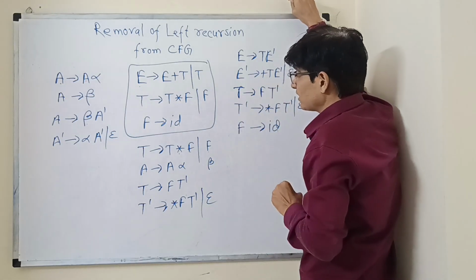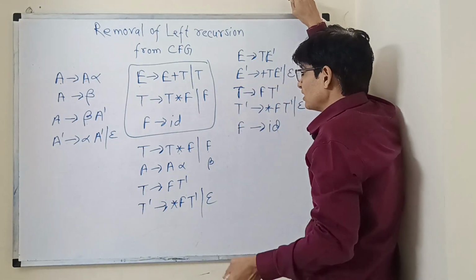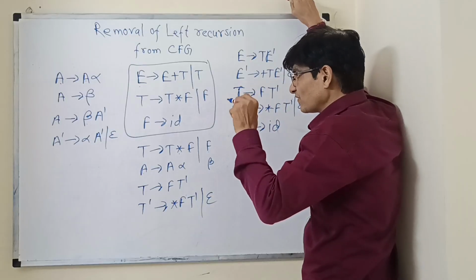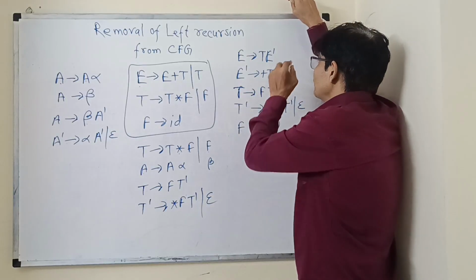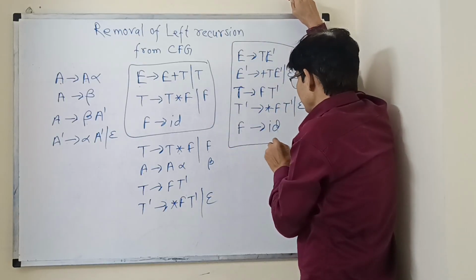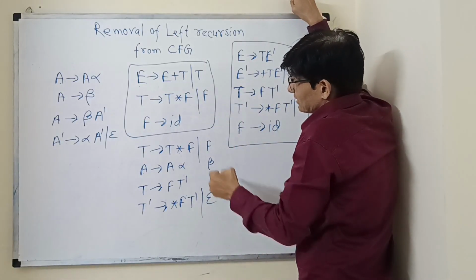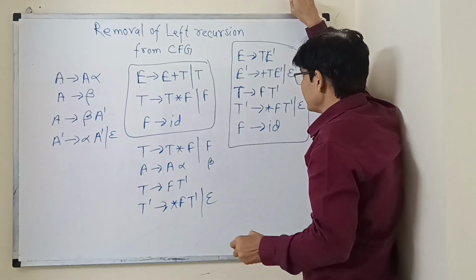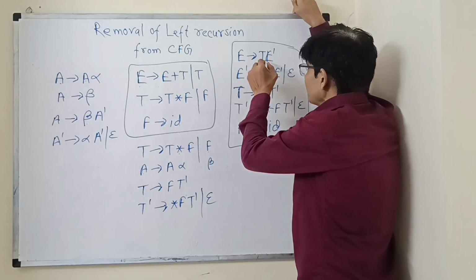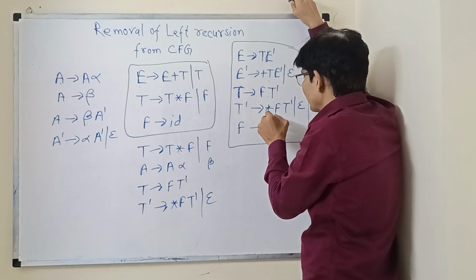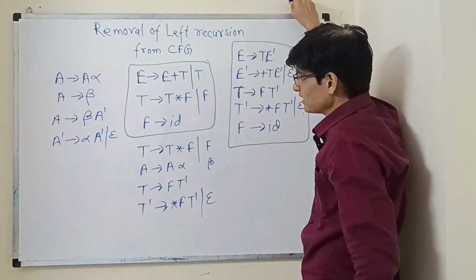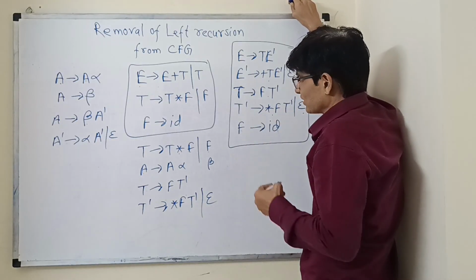And after removing left recursion, or after converting left recursion into right recursion, we got this particular grammar. Here we had five productions. Now in this grammar we have 1, 2, 3, 4, 5, 6, 7 productions. We have seven productions.